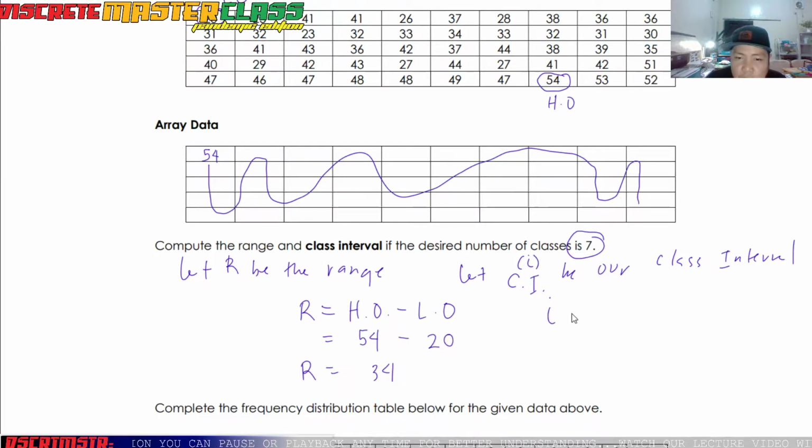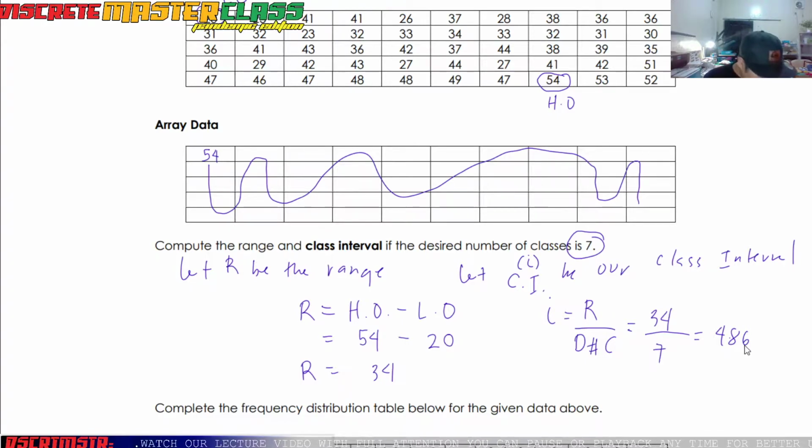To determine the class interval of small i, that is range over desired number of classes. So, our range is 34, the number of desired classes is 7. So that is 4.80 something. I think 86.